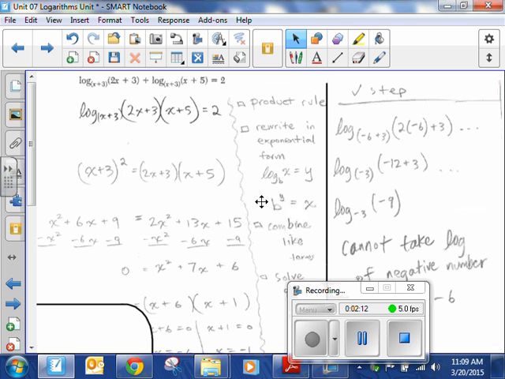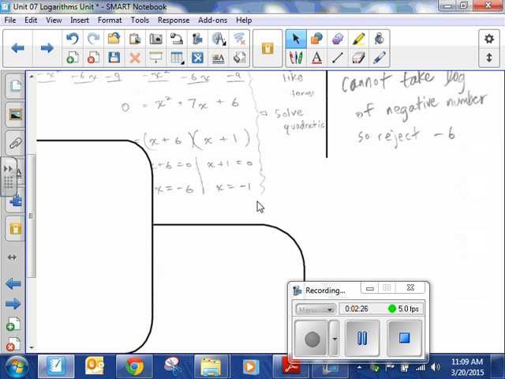Now if we take -1 and plug it back in, 2 times -1 is -2 plus 3 is +1, and -1 plus 5 is 4, so we are taking the log of both positive numbers, so that's why -1 is acceptable, -6 is extraneous, -1 is the only solution.